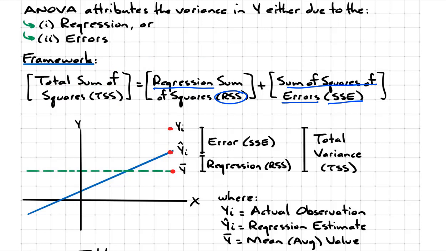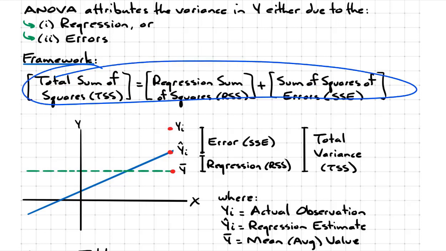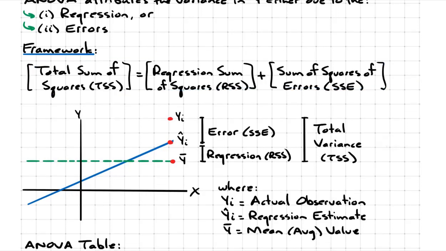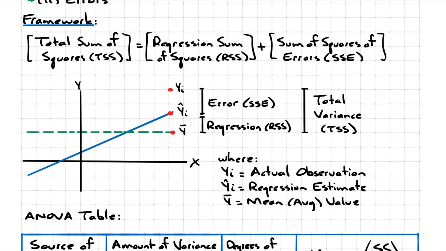So now I'm going to show you a visual depiction of what we just discussed. Suppose that this here is the actual value for y, and the blue line represents the regression. So any estimate produced by the regression would be denoted with a hat.